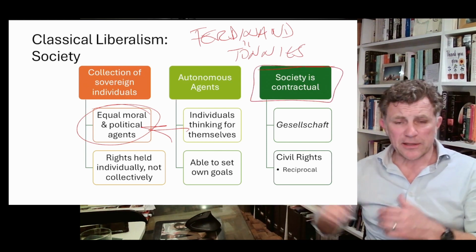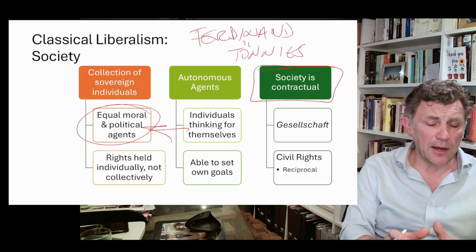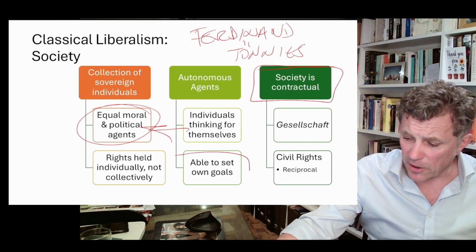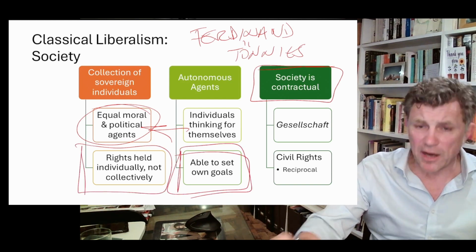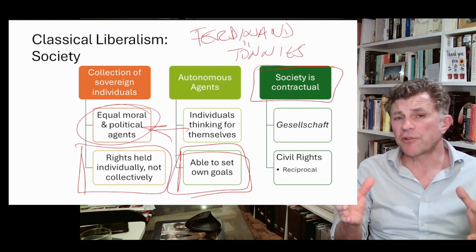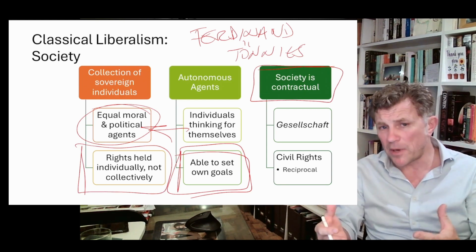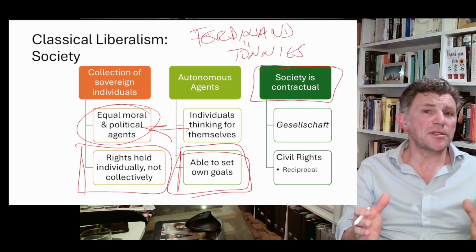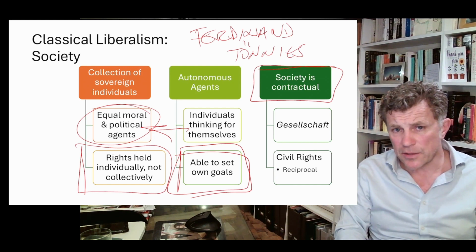I don't care about these other people. They don't care about me. That's fine. I am just setting my own goals. I'm going about my own thing. I have my rights. There are no collective rights. And society in that sense is perfectly atomic. And we all just get along perfectly well as long as we're not getting in each other's way.